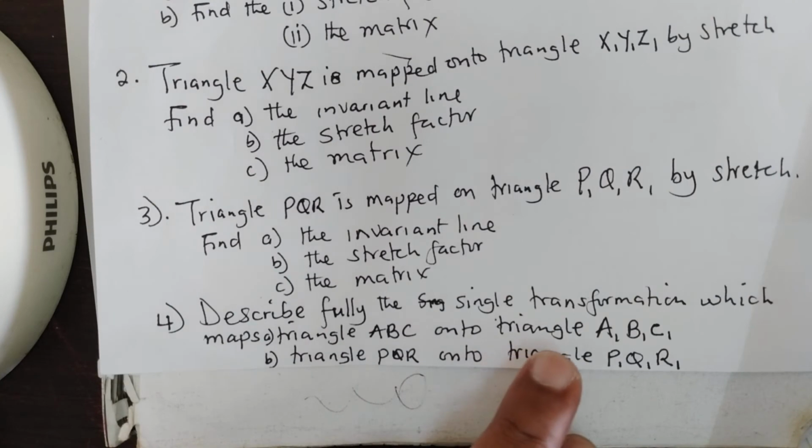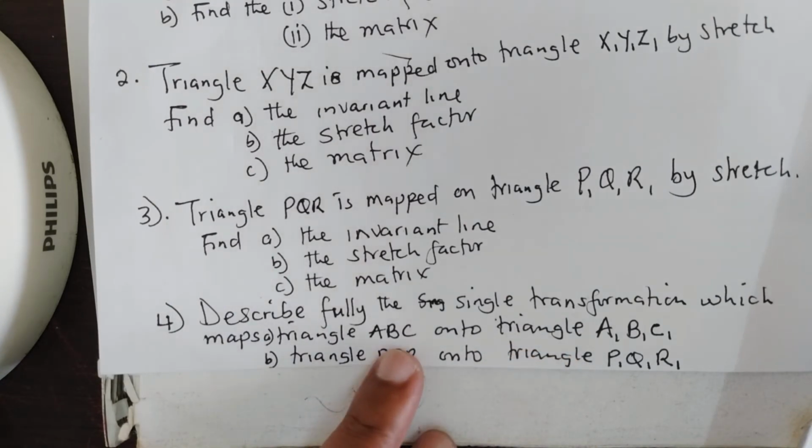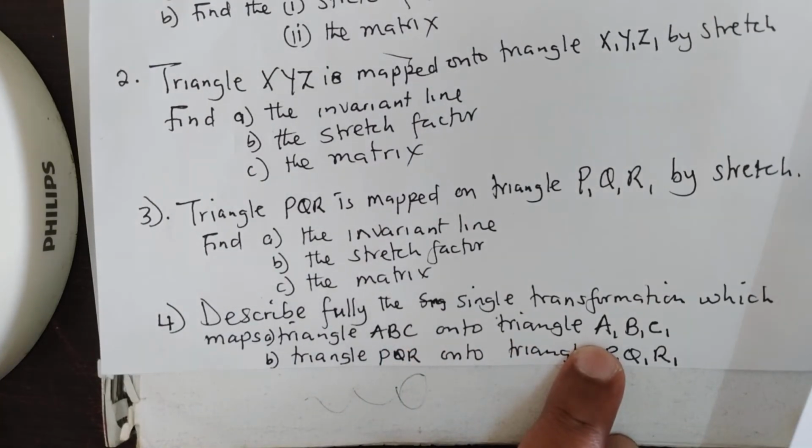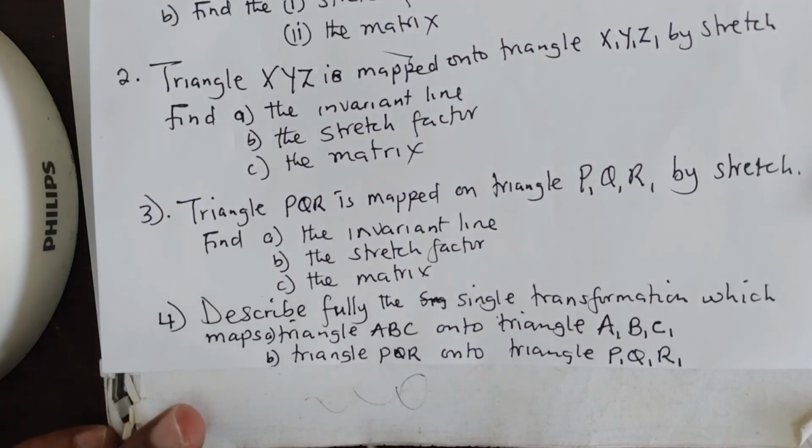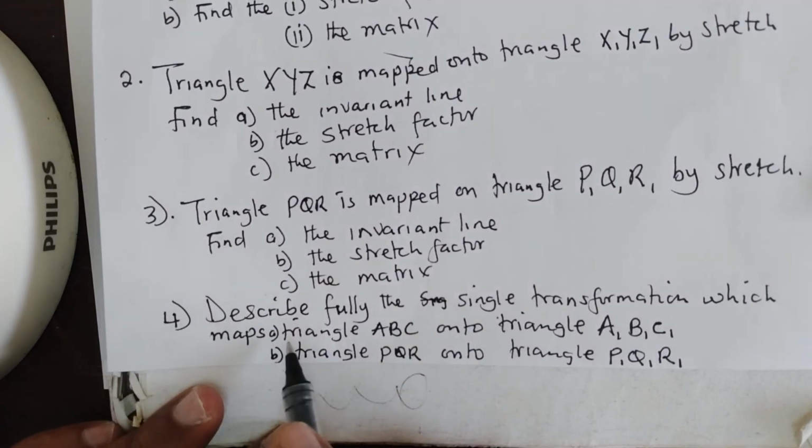Describe the single transformation which maps triangle ABC onto A1, B1, and C1. So there are 2 questions here, A and B. Triangle ABC onto this one.